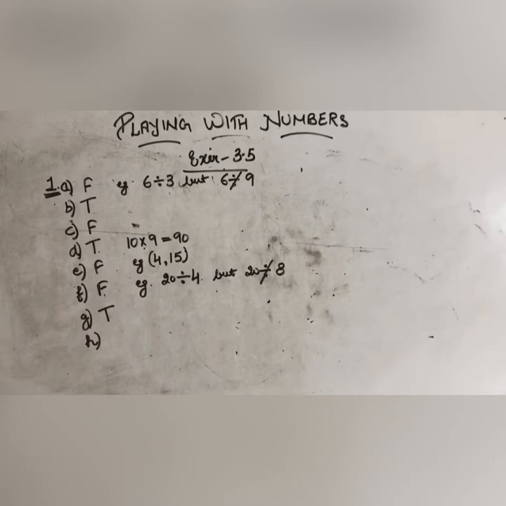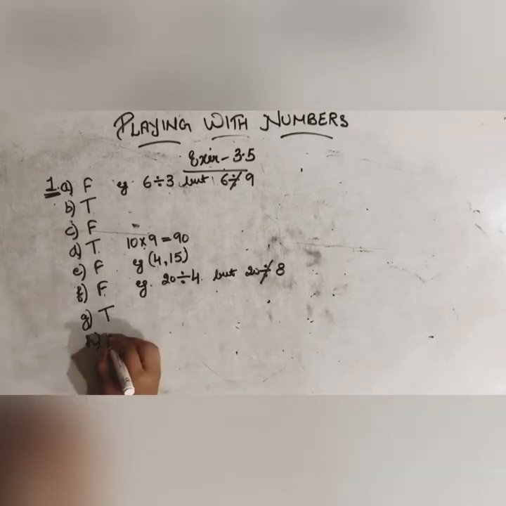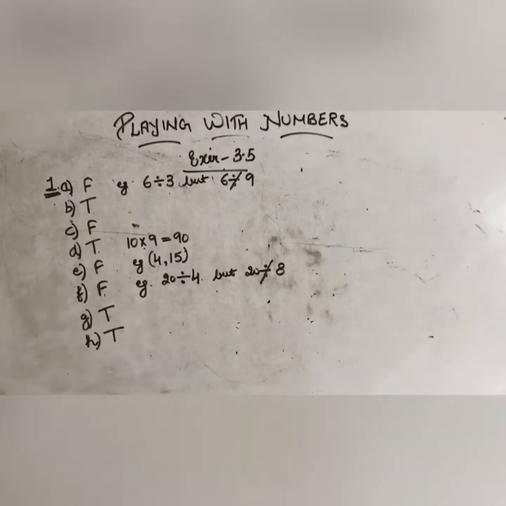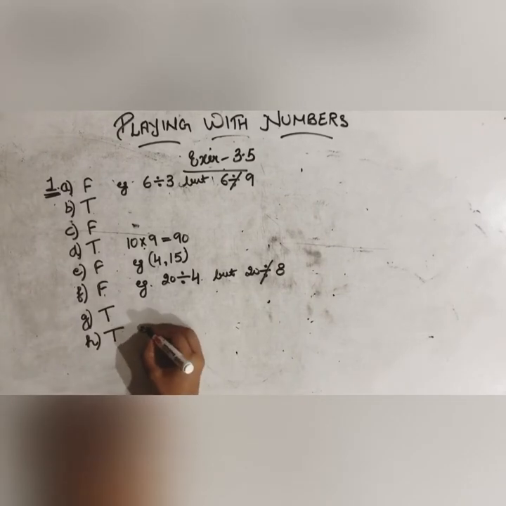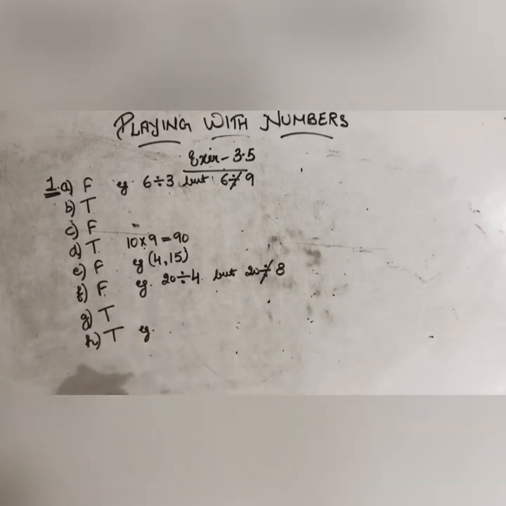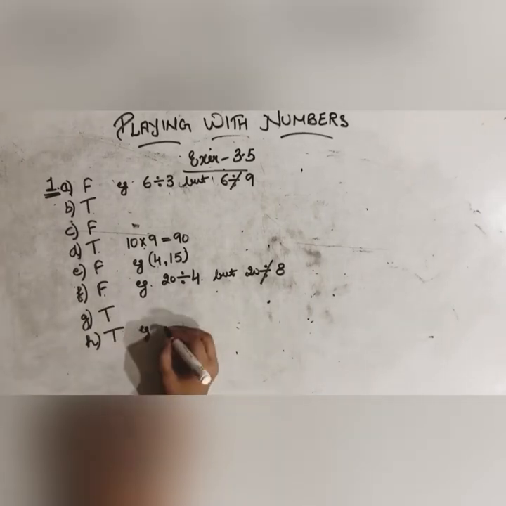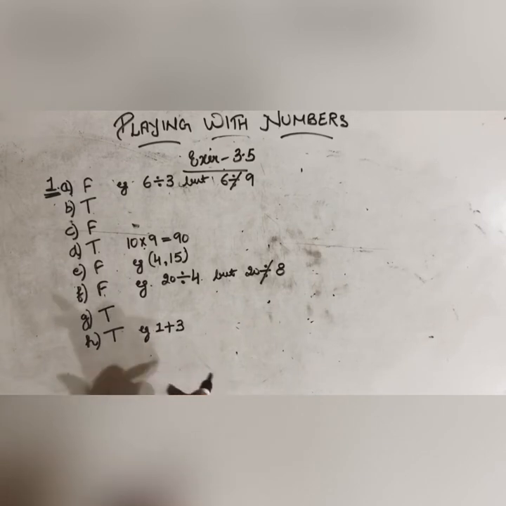The sum of two consecutive odd numbers is divisible by 4. True. You can take any 2-3 examples to confirm, where you take two consecutive odd numbers. Example: 1 plus 3. Next consecutive odd number is 3.